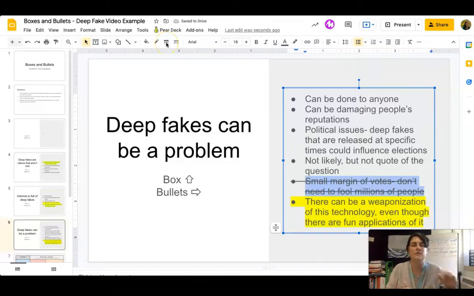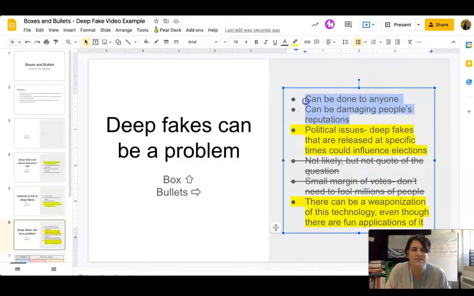That you don't need to convince a lot of people is a very interesting thing, but not totally important here because we just know this general thing. It's interesting that it's not likely to have to be a problem, but it's not totally important. One of the big focuses of the idea was that this could be a political problem, so I'm going to highlight that as important.